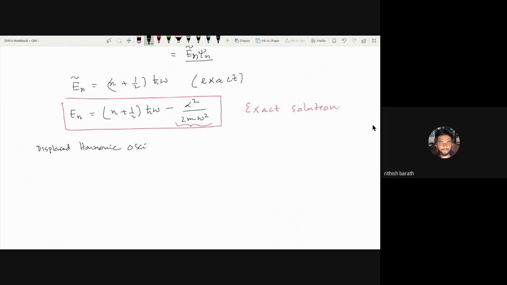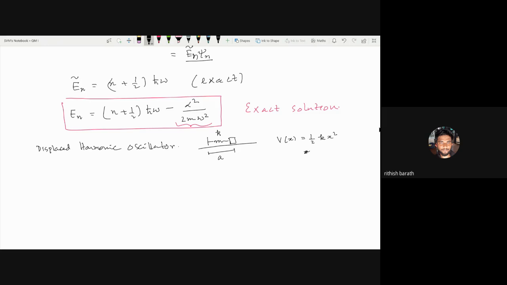Because physically, you know that if you take a spring and mass system like this, let us say this is spring constant k, and then there is an equilibrium length. You call this some a. Then V of x is basically half k x square.